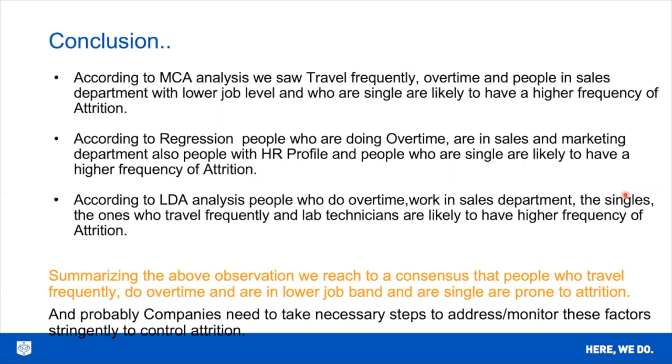According to the regression analysis, employees who engage in overtime, work in the sales and marketing departments, have HR profiles, and are single are more likely to have a higher frequency of attrition. And from the LDA analysis, individuals who work overtime, are in the sales department, are single, travel frequently, and have lower job roles like lab technicians are likely to have a higher frequency of attrition.